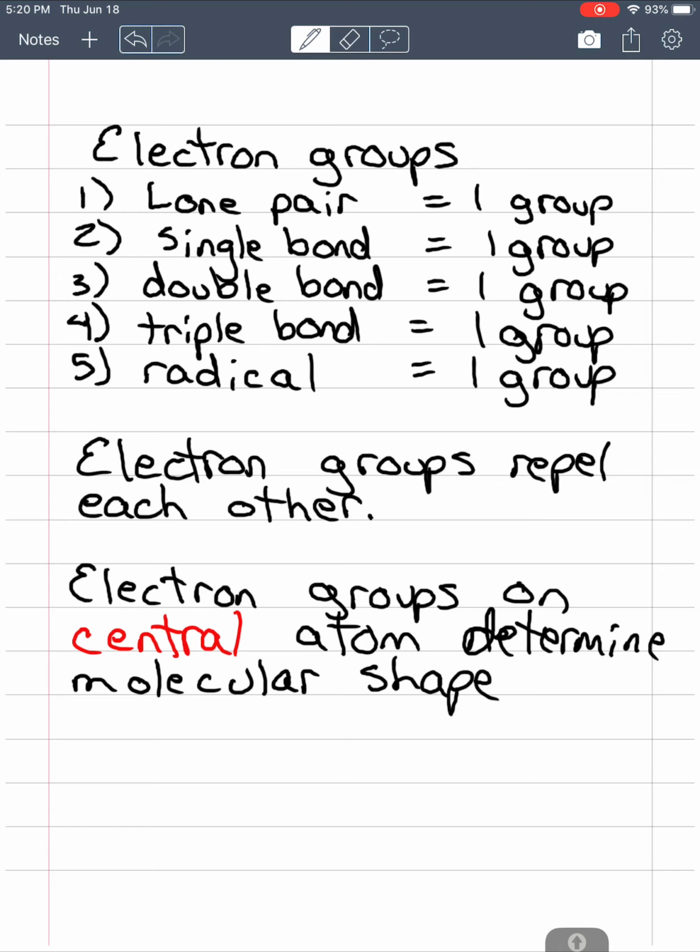The electron groups on the central atom determine the molecular shape. So first you have to draw the Lewis structure, then you have to count up the electron groups on the central atom. The preferred shape is going to reduce repulsions, and that's the theory here for valence shell electron pair repulsion theory: the goal is to reduce repulsions.